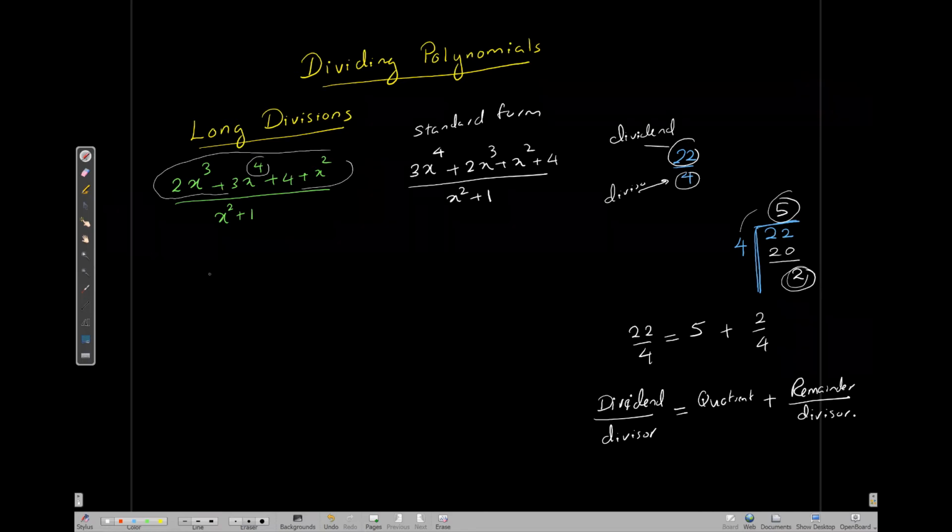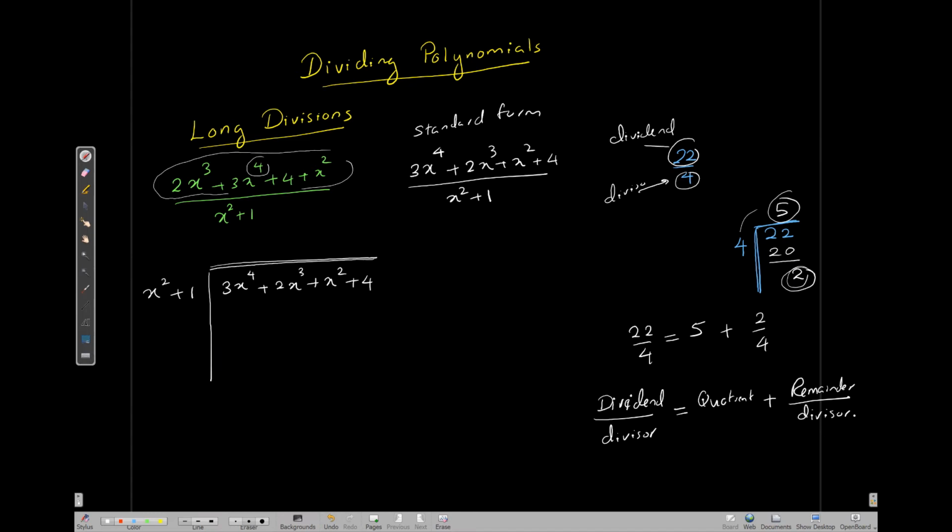Second step, you draw these two lines exactly like before and place your dividend inside it and divisor outside it. Okay, that's the second step.